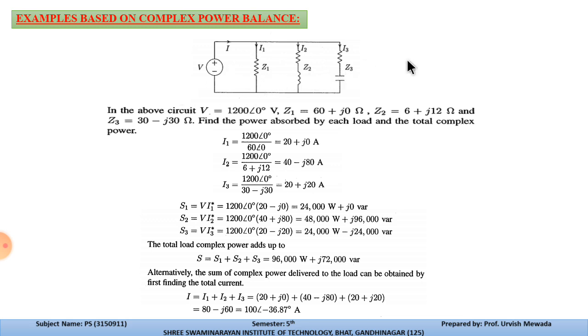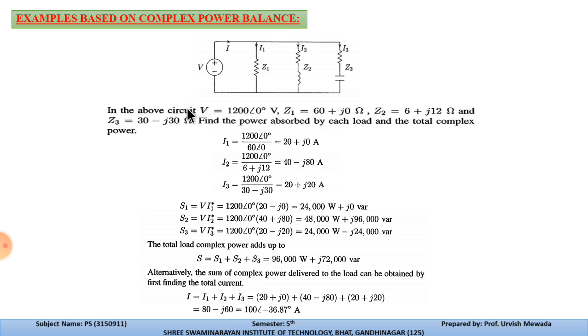Now these are the data given for this example. The supply voltage V is given as 1200 angle 0 degree. Why is it 0 degree? Because it is the reference. Z1, the impedance, is given as 60 plus j0, Z2 is 6 plus j12 ohm, and Z3 is 30 minus j30 ohm.